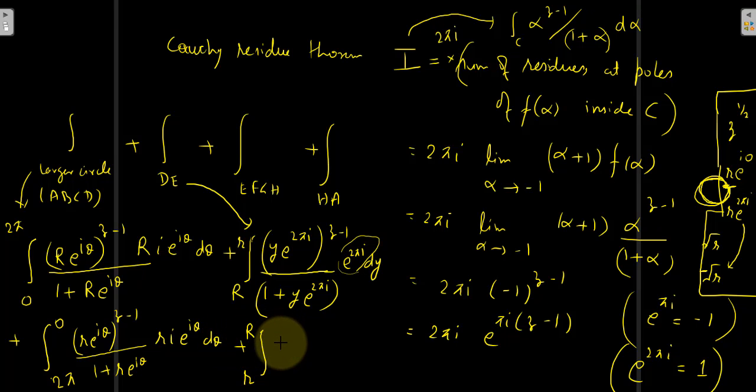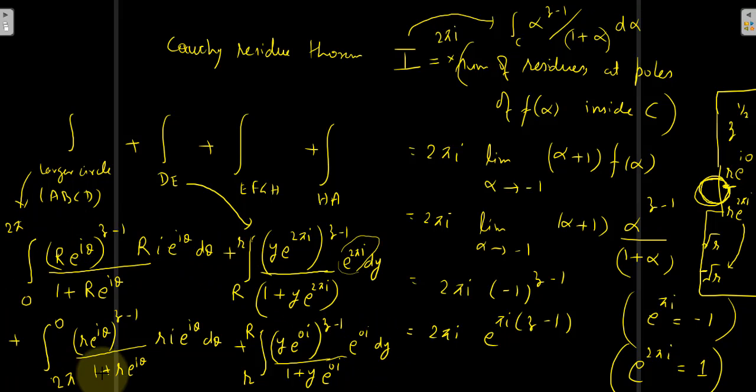So now it is y e to the power 0i to the whole z minus 1, over 1 plus y e to the 0i, and this again e to the 0i dy, right?